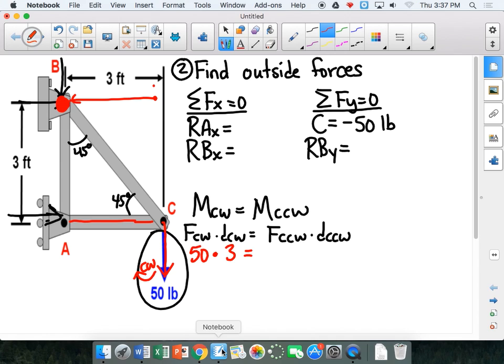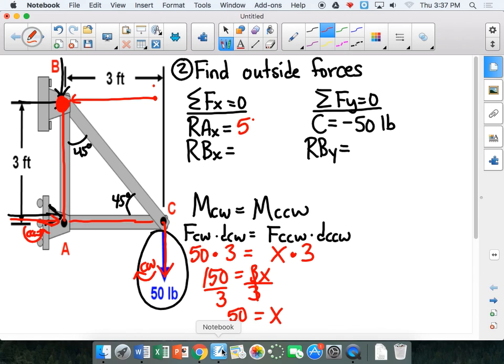Then at joint A, if I push on joint A in this direction, it's going to make everything go in the counterclockwise direction. So I don't know that force at joint A, but I know that distance to the pin is also 3 feet. So 150 equals 3x, divide by 3. So that force at joint A is 50.